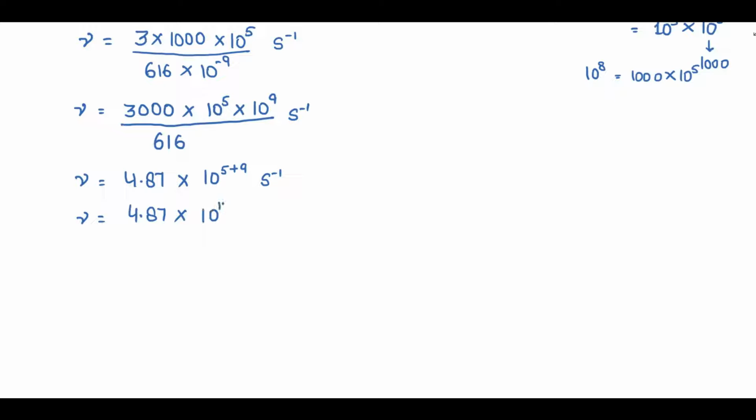It will be 10 raised to power 14 second inverse. Now I know that 1 hertz equal to 1 second inverse. So I can simply replace second inverse with hertz. So frequency of this radiation will be 4.87 into 10 raised to power 14 hertz, right?